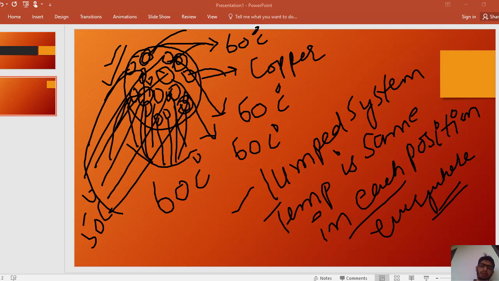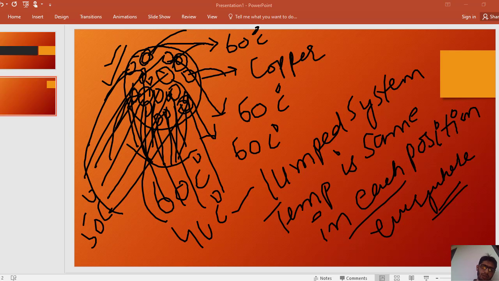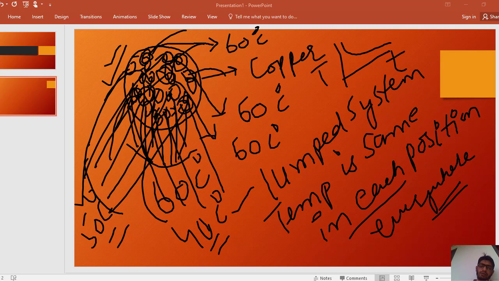Similarly, after 10 minutes, the temperature at every position comes out to be 40 degrees C. So the temperature changes with the passage of time. Temperature decreases with the passage of time, but the temperature does not change with position. So this system is called a lump system.